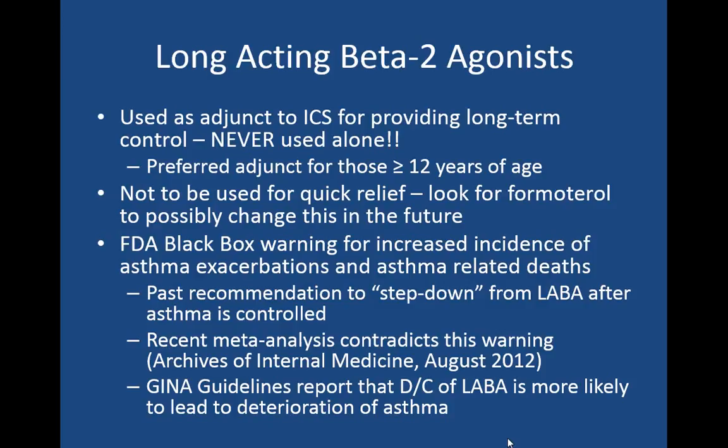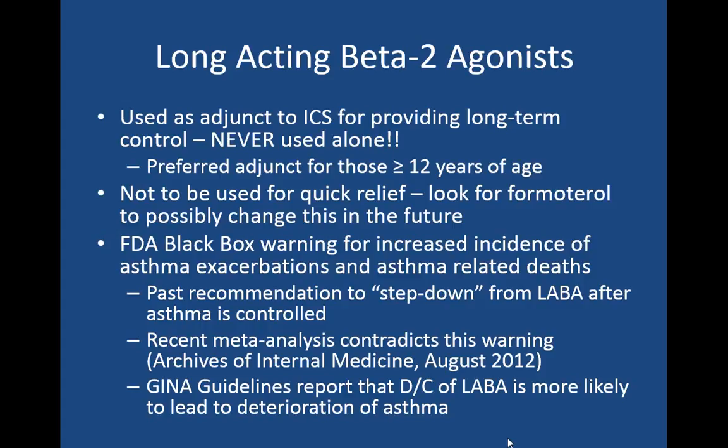You guys know what our combination inhalers out there are? Symbicort, right? What's in Symbicort? Does anybody know? Budesonide formoterol? Yeah, budesonide formoterol. Okay, Symbicort is an MDI, a metered dose inhaler.